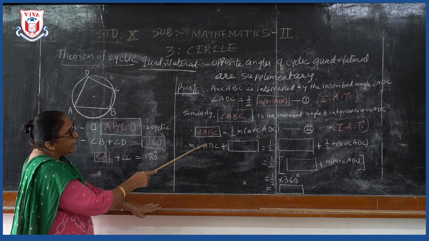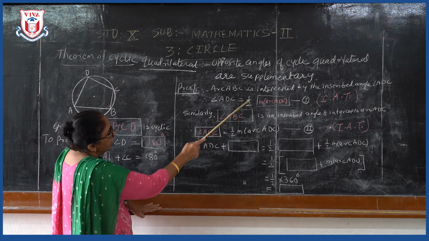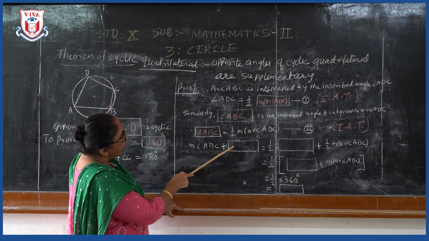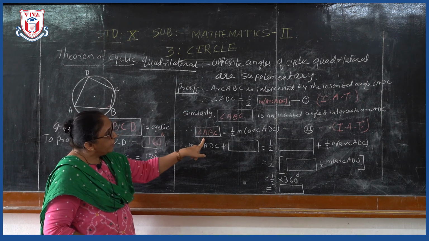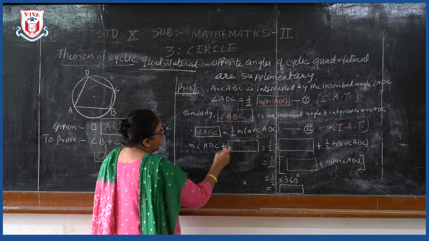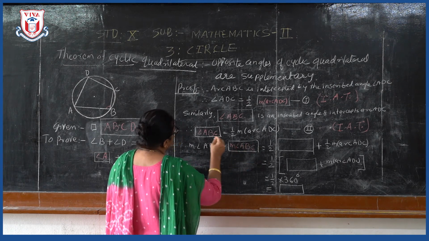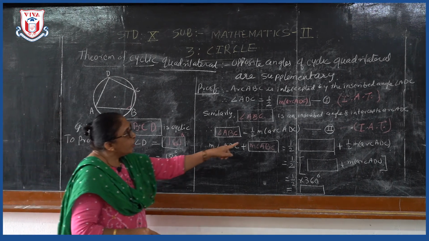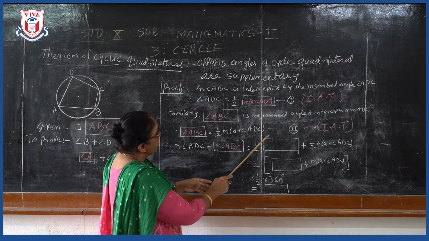Now, angle ADC plus angle ABC, if we add them, from one and two, then what will we get? Sum of their right hand sides of first and second, that is what?